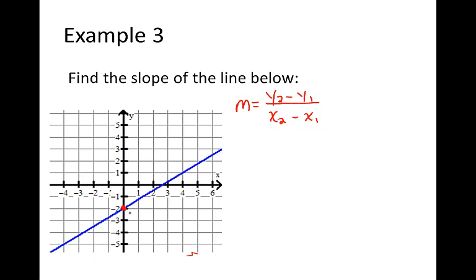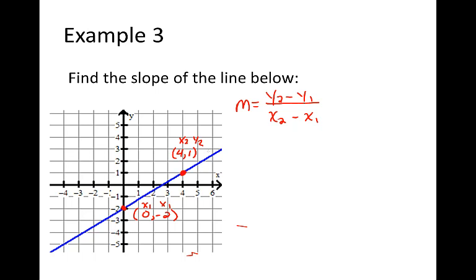Here's a good looking point here, and my next good looking one is right here. So this point here is going to be 0, comma, negative 2. You can label that one x1, y1. I normally label mine left to right. Doesn't really matter though. This next point is going to be 4, comma 1. Call that x2, y2.